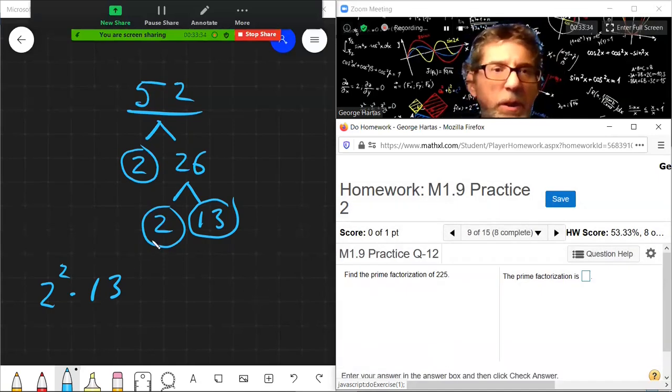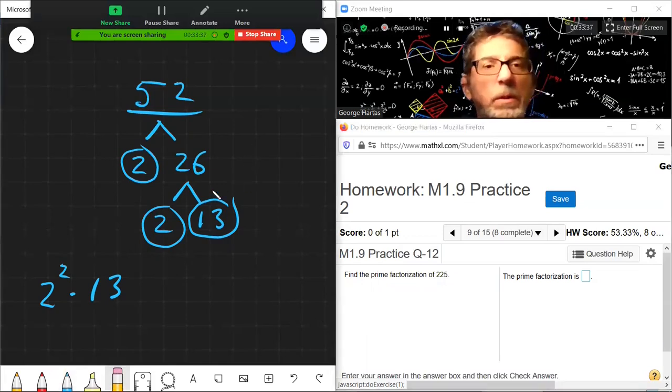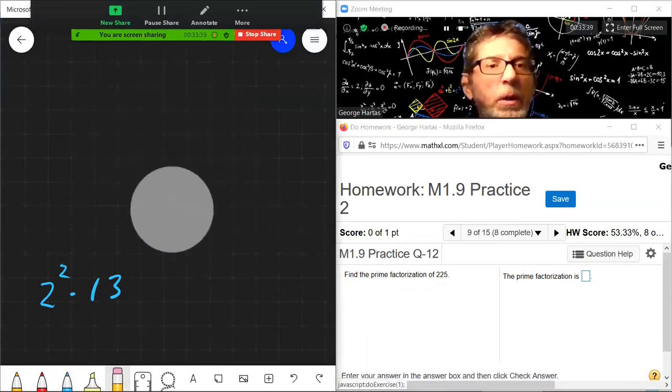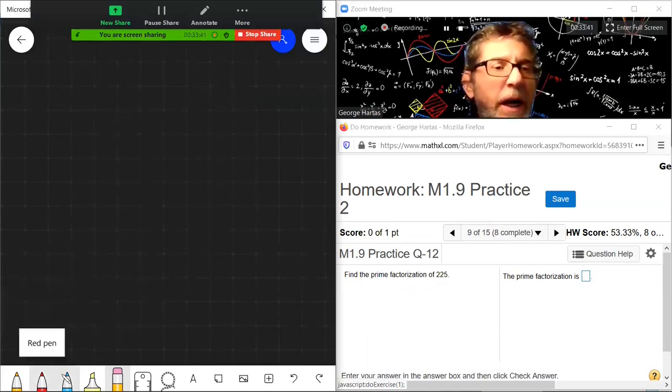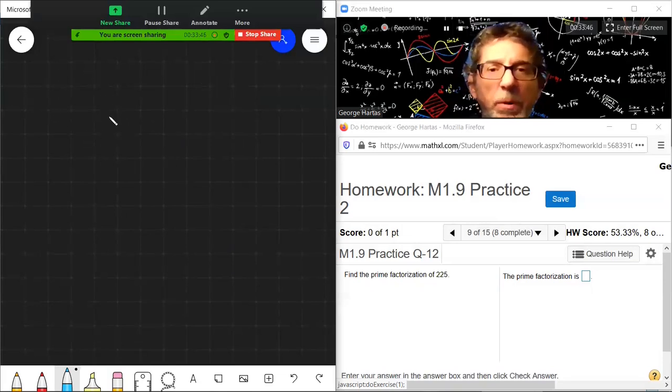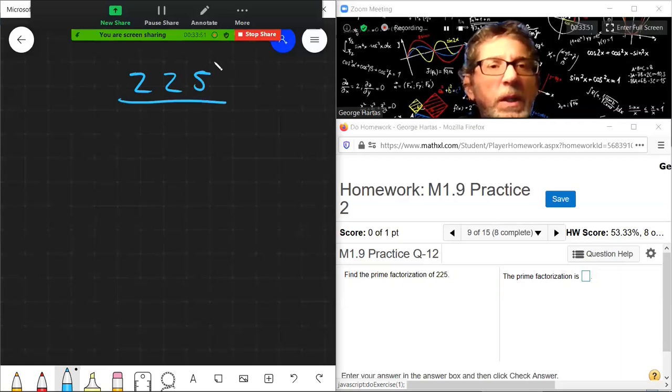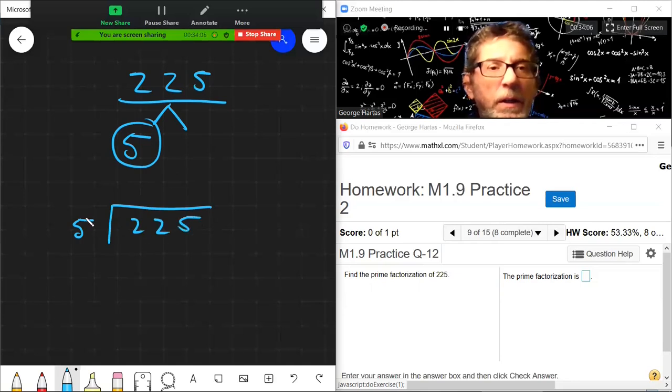Now here they don't tell us anything about using exponential form, so we have to assume they just want the dot version all the way through, the prime factored form without any exponents. 225. This 5 is staring right at me. I know for a fact 5 times something is 225. I just don't know what that is. I'm about to find out. Quick and dirty.